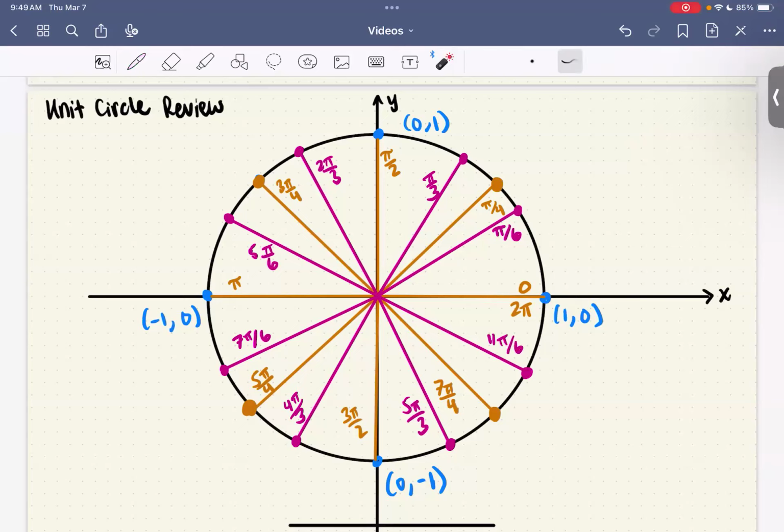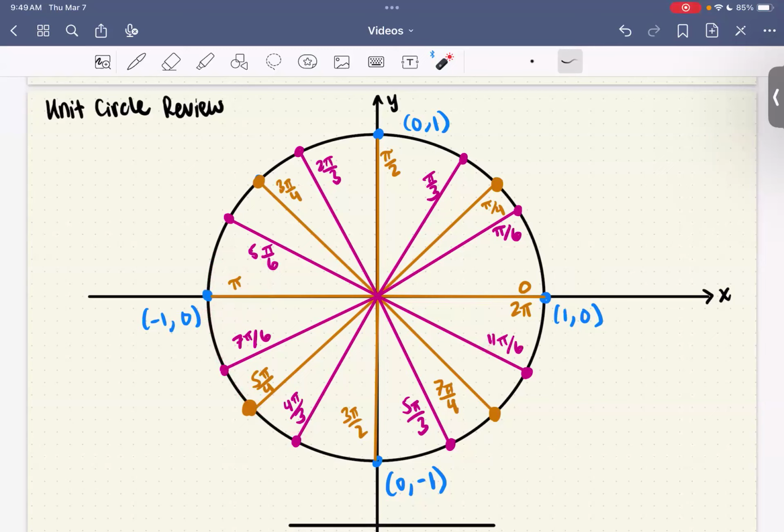And 12/6 puts me at 2 pi. Okay, that's all the angles. That's how I remember them. I just remember there's a pi/4 and a pi/6, and then I just count around, remembering that a whole pi is here, and then I should get 2 pi over here.